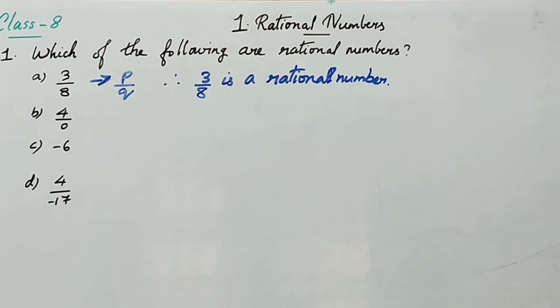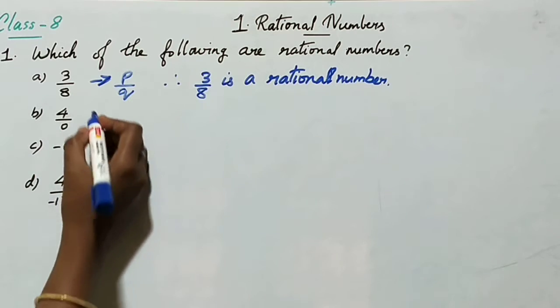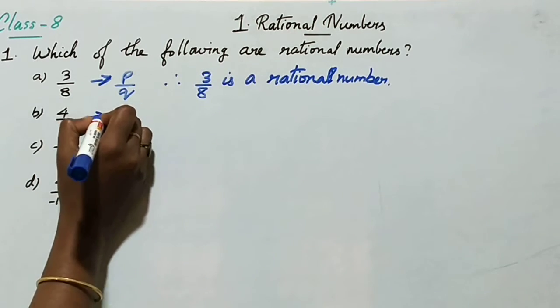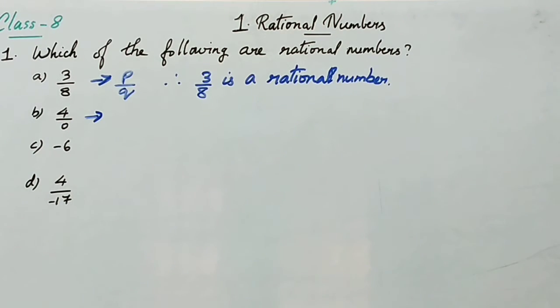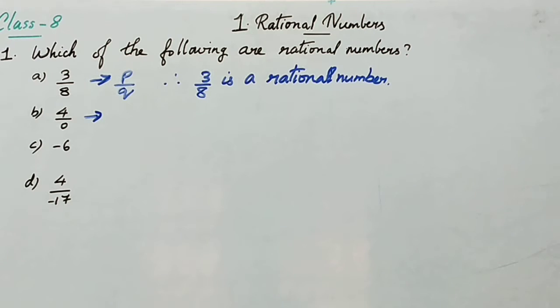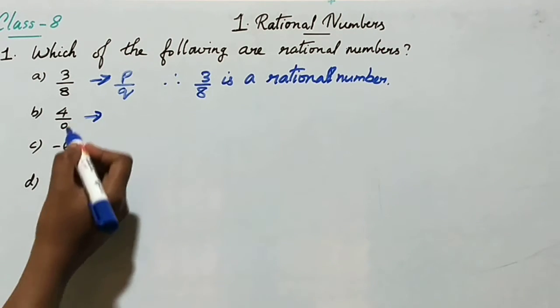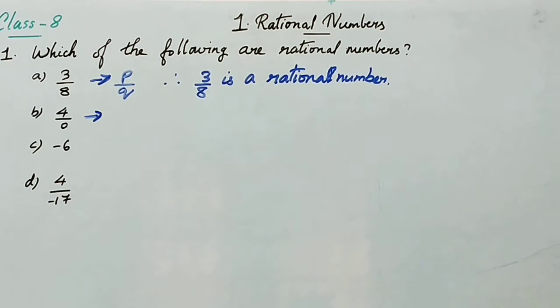Now, the next question, B. 4 by 0. Is this a rational number? I told you already, any number of the form P by Q is a rational number where Q is not equal to 0. That means the denominator should not be 0. It should be a number other than 0.